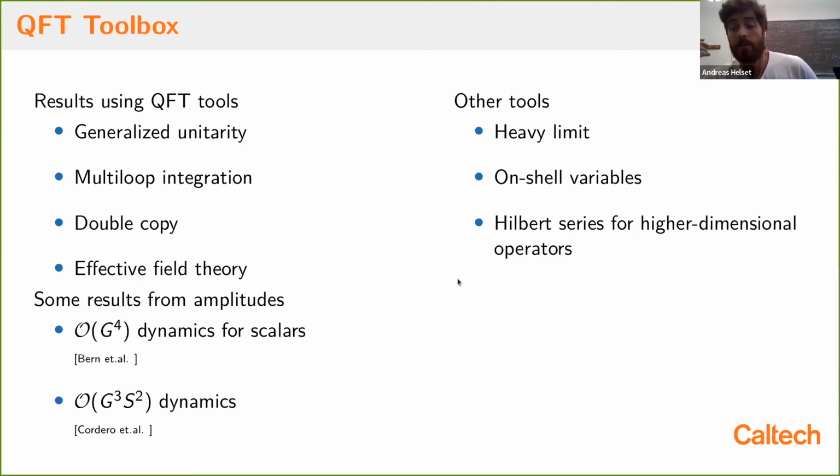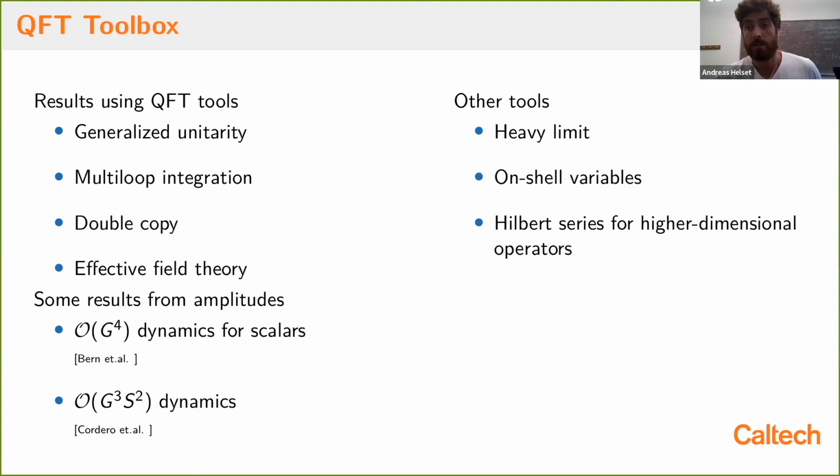There's also, if it's not a black hole you're talking about but a neutron star, a difference in that the neutron star can be a bit squishy, namely they can be tidally deformed. These tidal deformations can be modeled through higher dimensional operators in effective field theory.